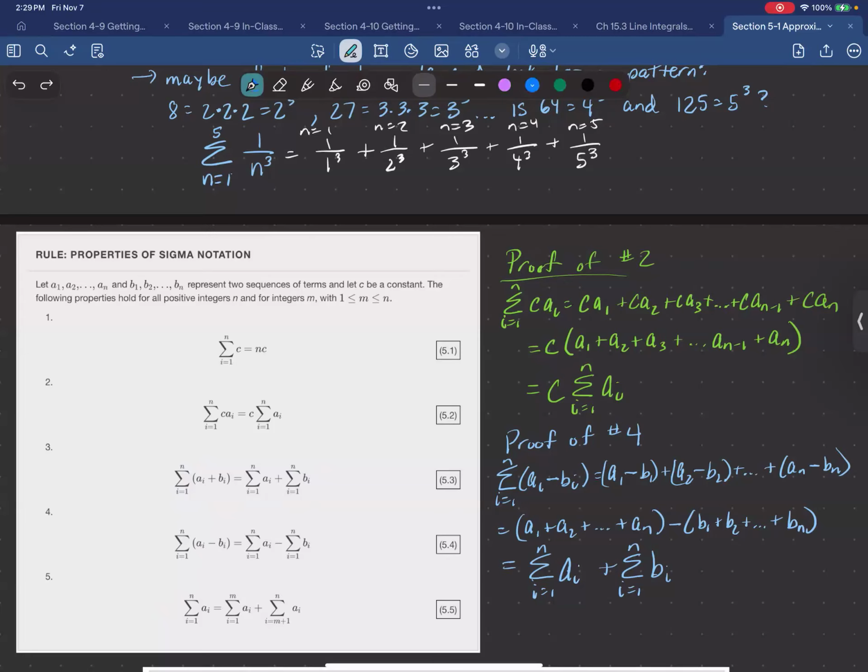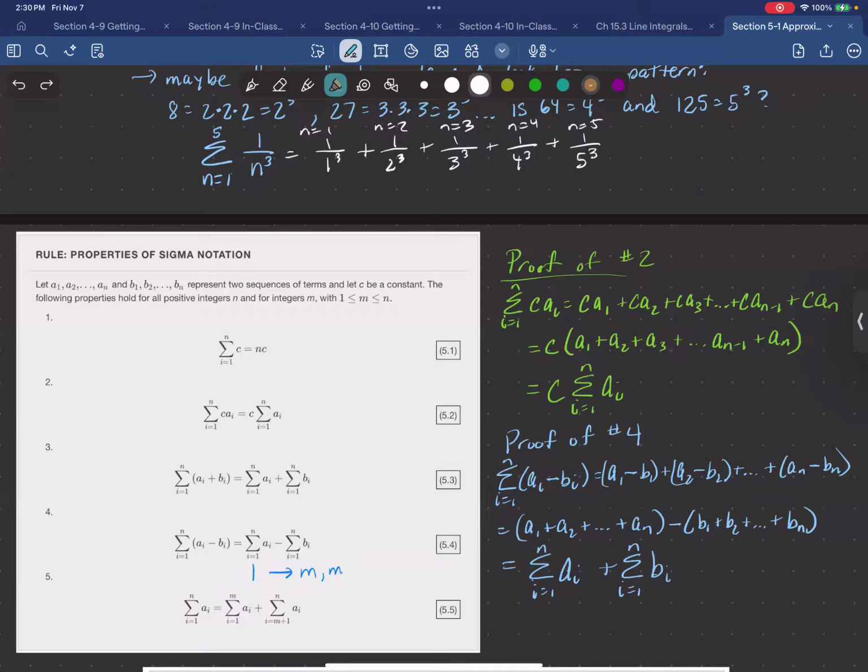Let's say i is going from 1 to n, but m is along the way, and m plus 1 would be the next one, and then we keep going up to n. Then we can just stop part of the way through. I can break up the full summation into going up just from 1 through m and doing part of it. And then I can do the other half on another one. Or if they come separated like that, I can put them together to make them 1. That's all that one's showing.